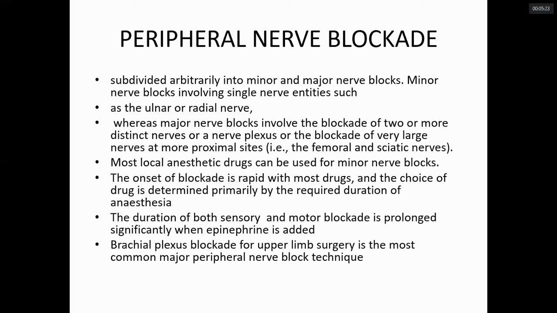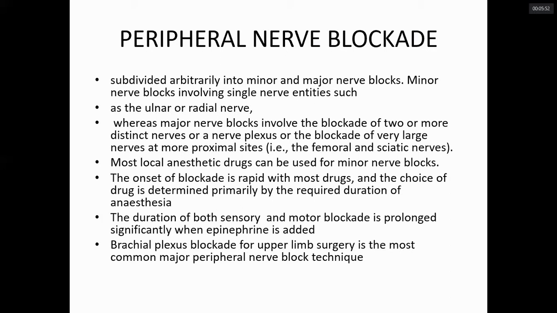Most local anesthetic drugs can be used for minor nerve block. The onset of block is rapid with most drugs, and the choice of drug is determined by the required duration of anesthesia. For prolonged anesthesia, bupivacaine is used, and we already discussed the mixture of local anesthetics. The duration of both sensory and motor blockade is prolonged significantly when epinephrine is added. Brachial plexus block for upper limb surgery is the most common major peripheral nerve technique.